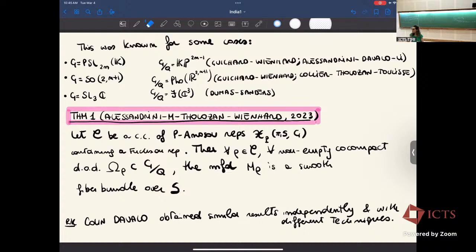This is work in progress of one of my students. The way that we do it here is really using properties of this domain being PSL2R invariant, or H invariant, where H is a rank 1 group. So I'm doing it for PSL2R and surface groups, but it works more generally for fundamental groups of manifolds that are quotients of rank 1 spaces.